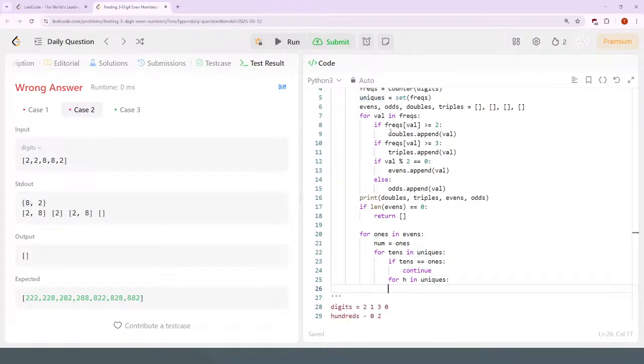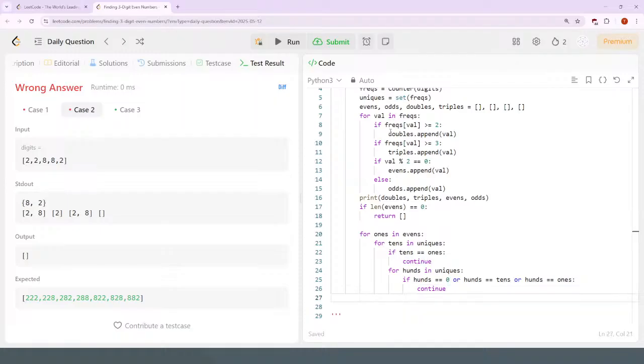Okay. If the hundreds digit is equal to 0, or if the hundreds digit is equal to the tens digit, or the hundreds digit equals the ones digit, skip, I guess.